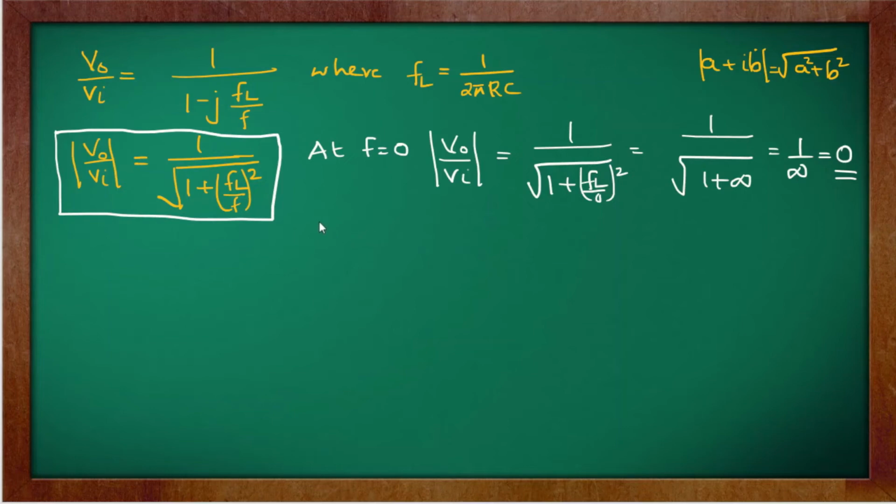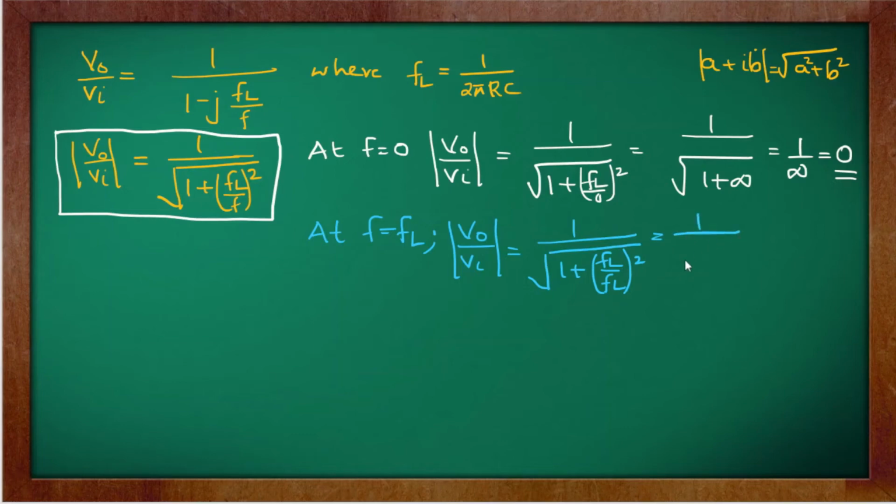Similarly, what happens at f equal to fL? At f equal to fL, the magnitude of V0 by Vi is equal to 1 by root of 1 plus fL by fL, the whole square. fL and fL will cancel.